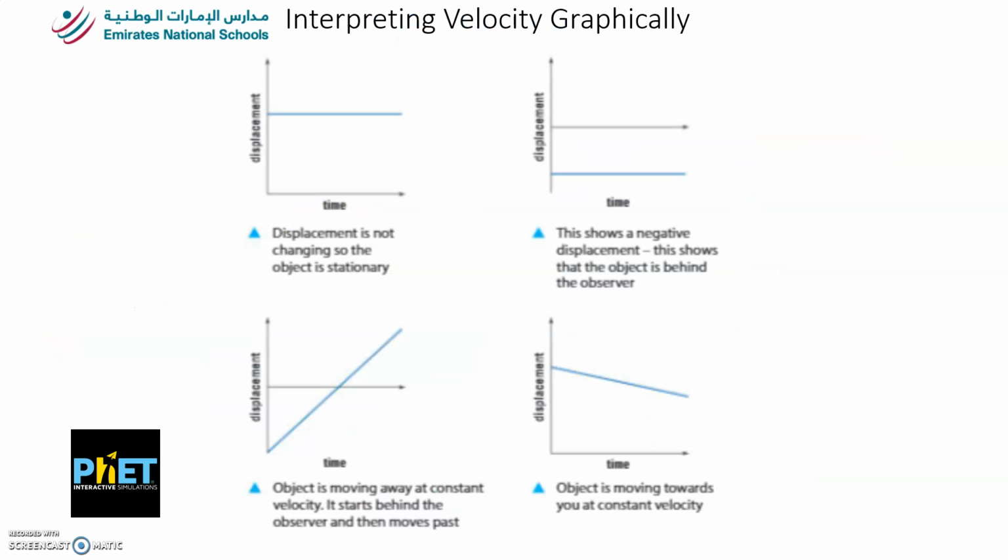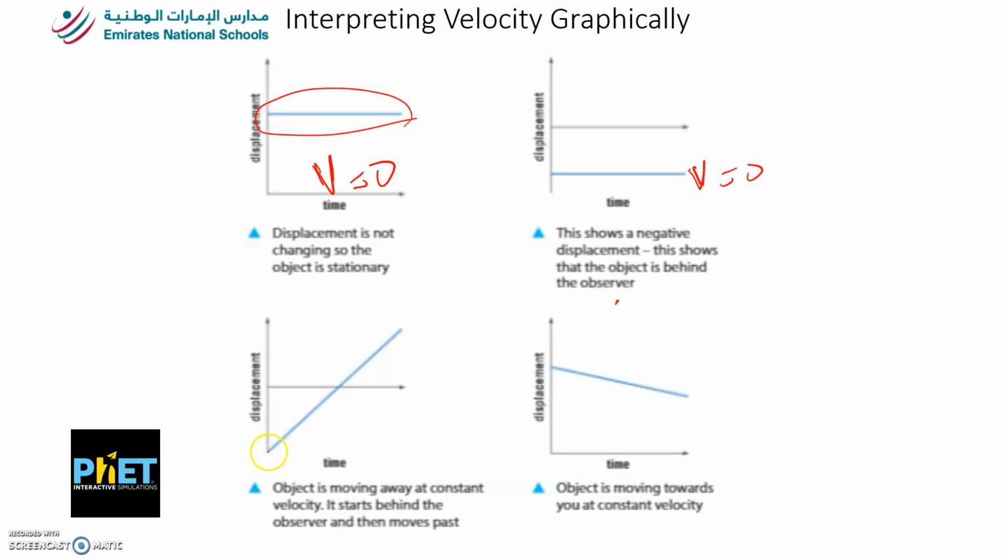If you have a distance versus time graph or a displacement versus time graph and the line is vertical, I don't have a change in position, so the displacement in this case is 0. The velocity is 0. Similarly, here the velocity is 0, but the object is behind the observer.